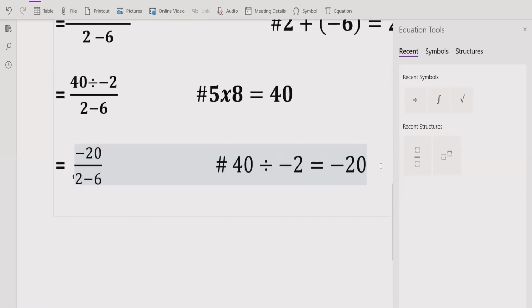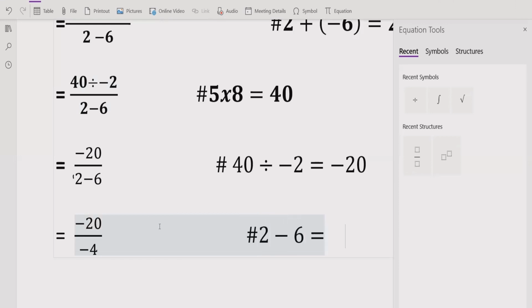Now in the denominator, we will solve that part, because we cannot divide minus 20 by 2 minus 6 without solving this part first. 2 minus 6, so here we have minus 20 divided by minus 4. And in the end, we give the reference here: 2 minus 6 equals minus 4.